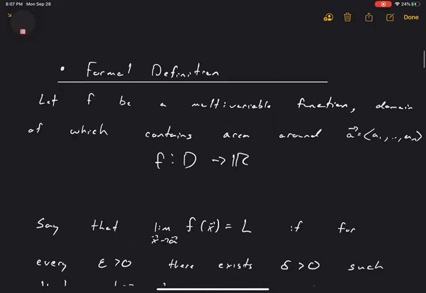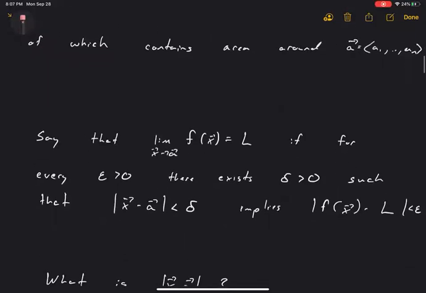But whatever the domain is, we're saying the domain contains the point A, and it contains a little area around A. We'll revisit what that means in a minute.